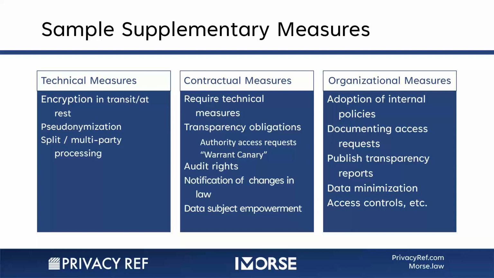Aside from the fact that it will keep government surveillance down a little bit, you can't lose what you don't have. So it has a positive impact on data breaches. And also you want to make sure that the technical measures are properly done. Access controls, training of employees, logging of access to personal data, things of that nature.